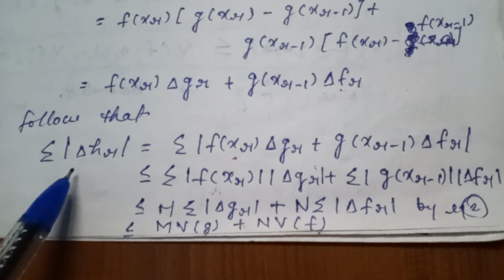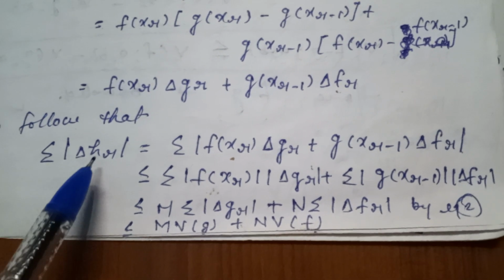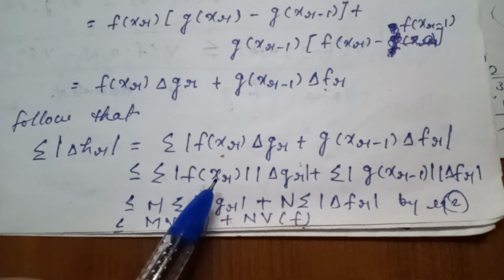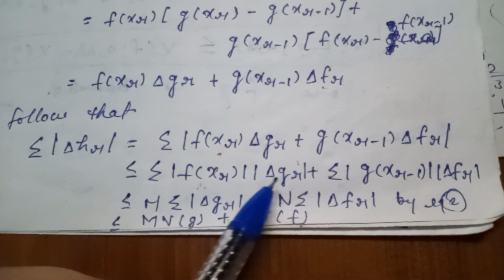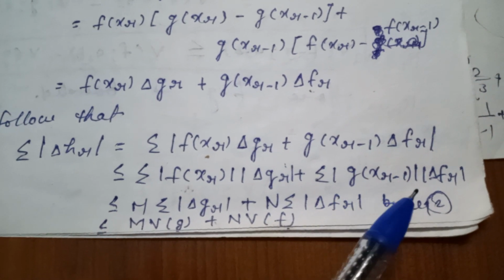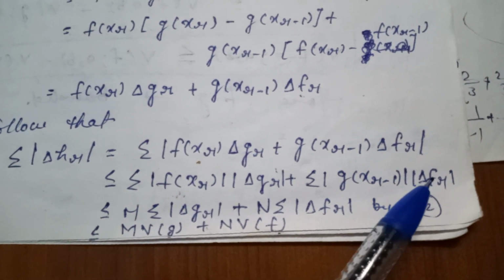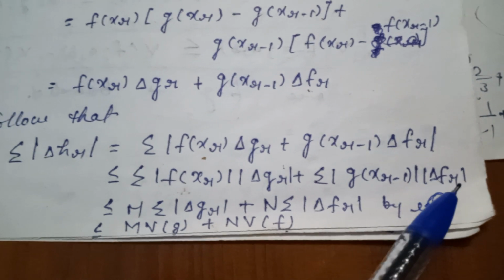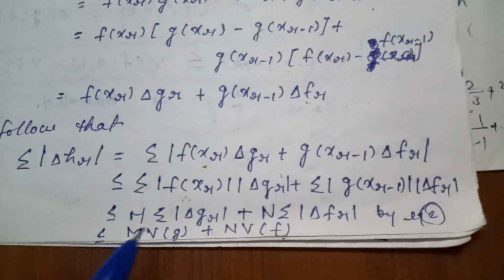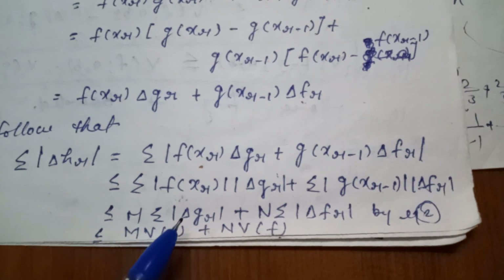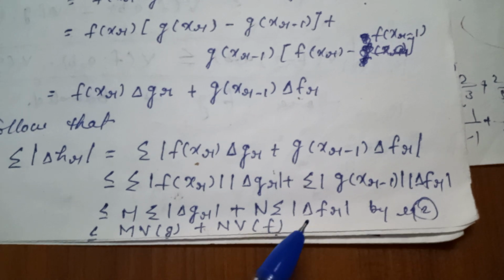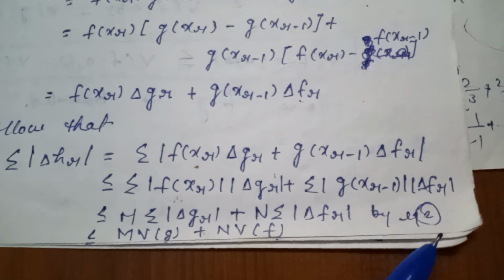Now summation mod delta h_r is less than or equal to summation mod f(x_r) mod delta g_r plus summation mod g(x_{r-1}) mod delta f_r, which is less than or equal to M summation mod delta g_r plus N summation mod delta f_r by equation number 2.